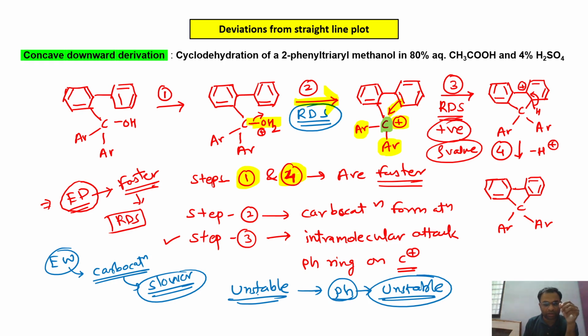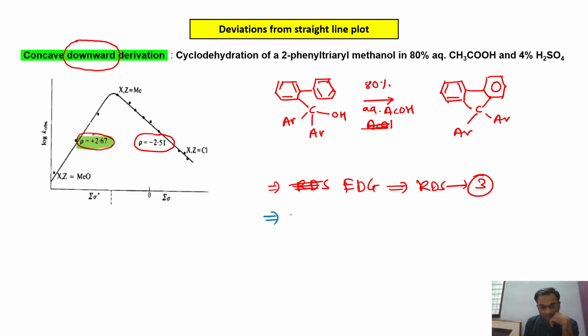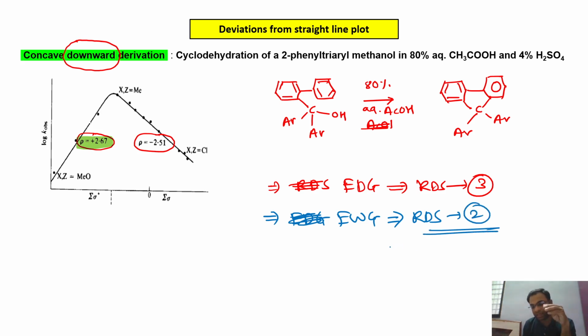And therefore, when a strong electron withdrawing group is there, the rate determining step is the second, that is formation of carbocation. Why is the formation of carbocation very slow when an electron withdrawing group is there? Because the electron withdrawing group destabilizes the carbocation, and therefore that carbocation formation reaction will take a very much time, and therefore that will be the rate determining step.